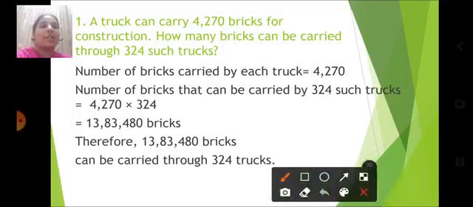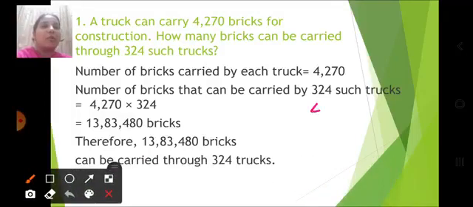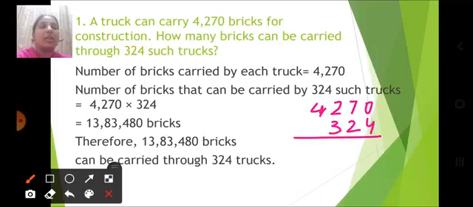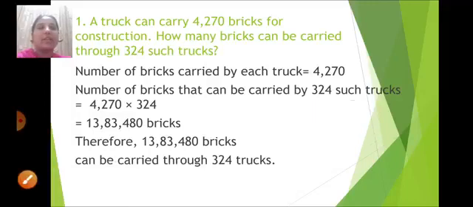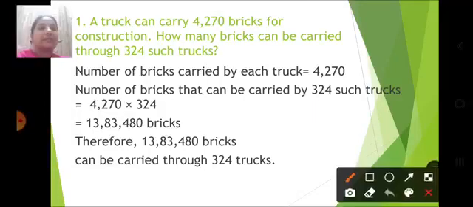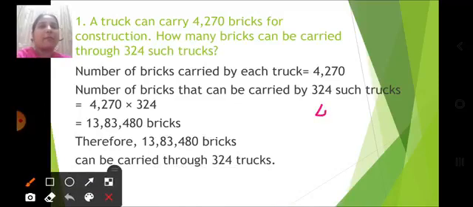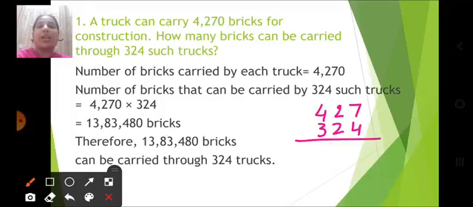I will show you the multiplication here, children. 4270 multiplied by 324. So here, instead of multiplying by the ones place, you can see, children, there is 0 in the ones place. So what we can do here, we can just multiply 427 and 324, okay, and then we will add 0 at the end.